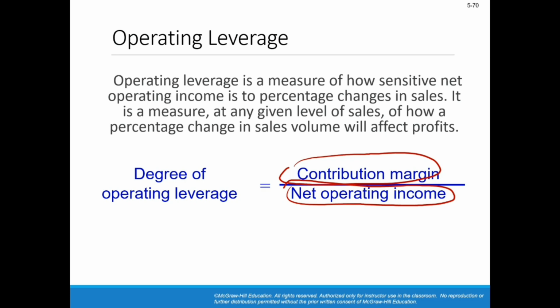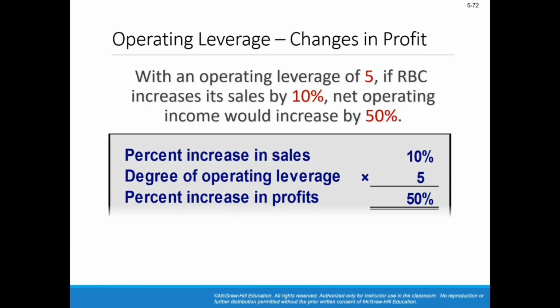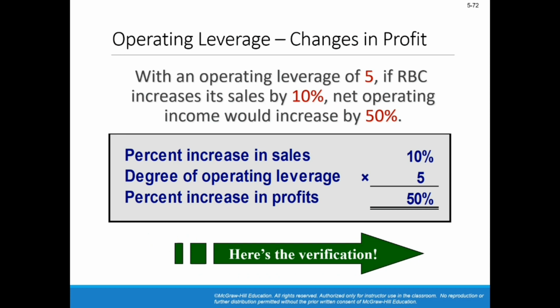So, for example, if your CM is 5 times your net operating income, it means that if you increase your sales by 10%, your net operating income will increase by this 10% multiplied by the degree of operating leverage. Okay, so again, degree of operating leverage is equal to CM over net operating income.